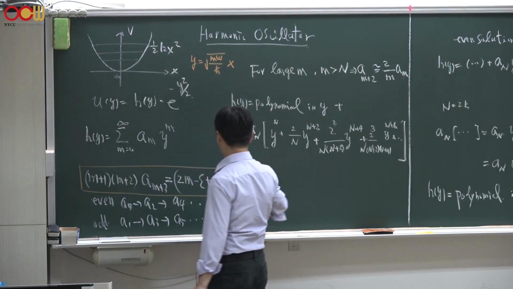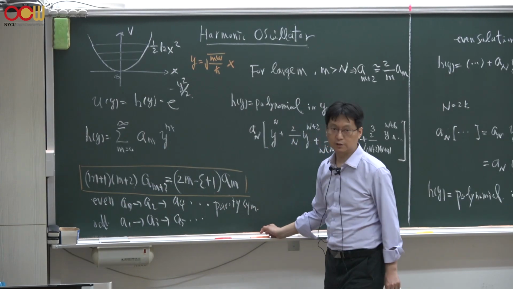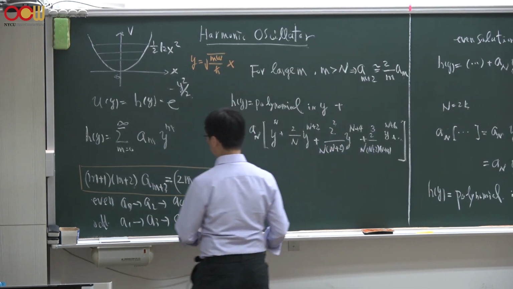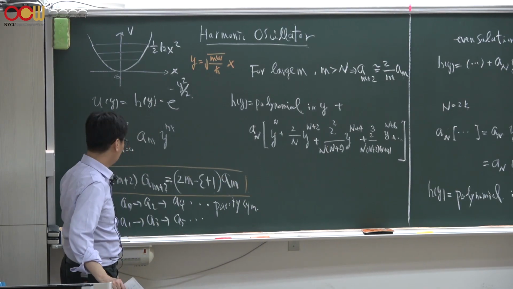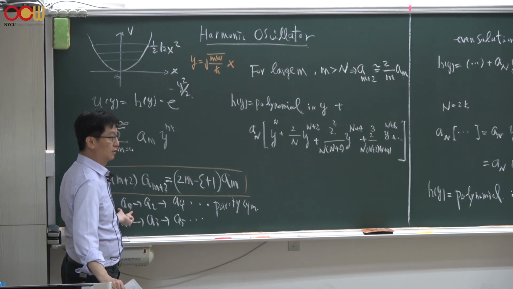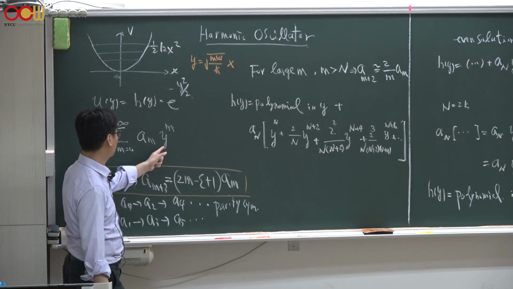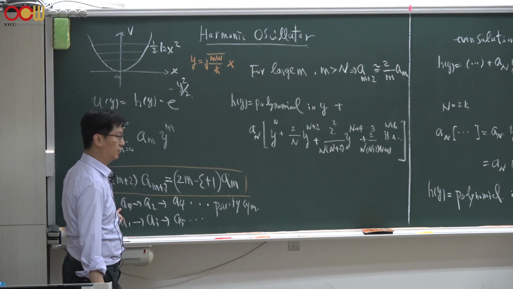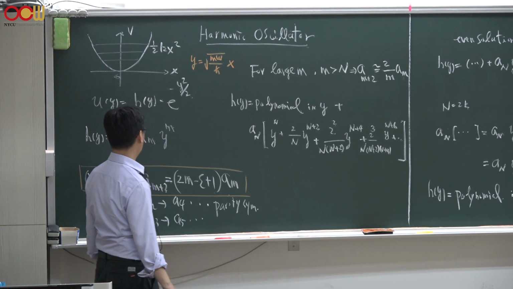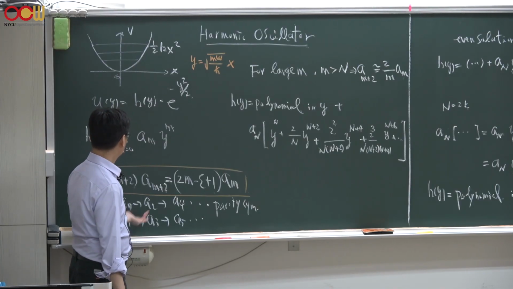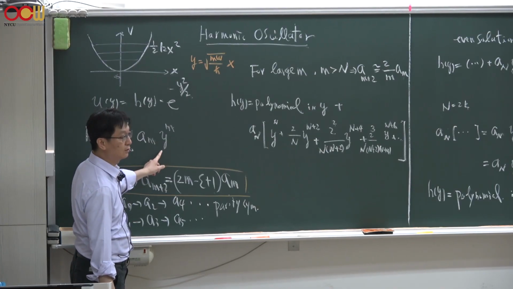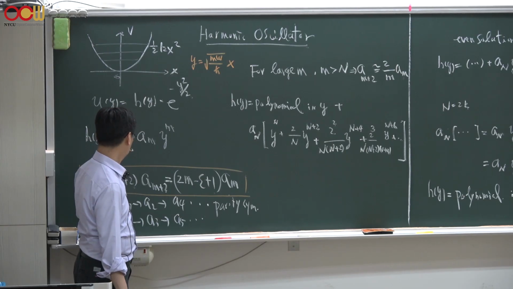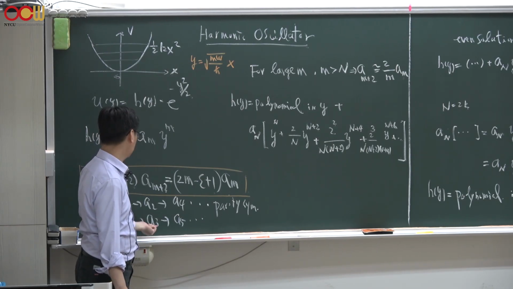We immediately find that these coefficients can be classified into even and odd terms. The even terms show even powers in y with prefactors a0, a2, and a4, and the odd terms contain odd powers in y, with coefficients a1, a3, and so on.